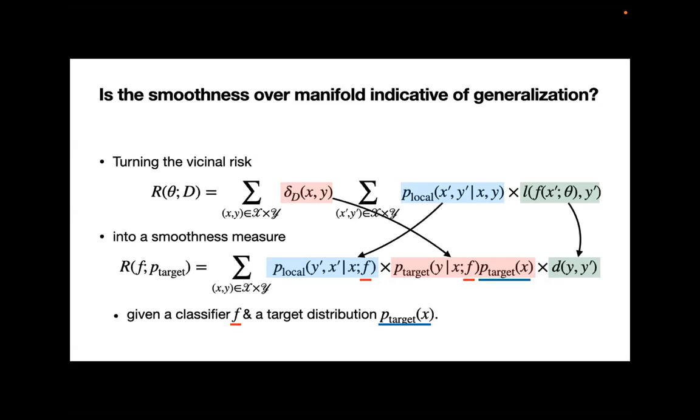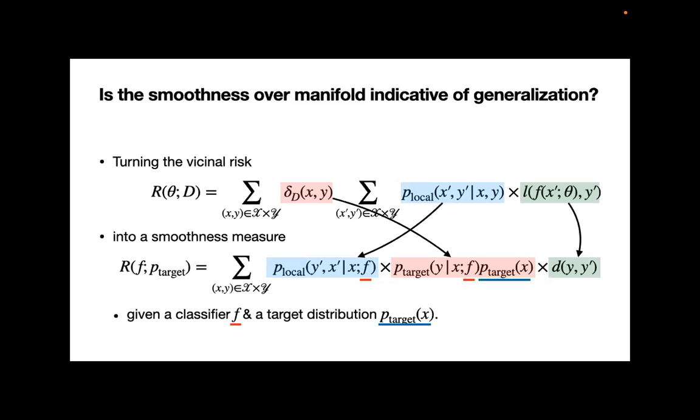Now, how can we turn it into a smoothness measure? We're going to look at all the target domain examples. Somebody gives us a set of examples, and we look at all of them, and for each one of them we look at the local neighborhood as well.